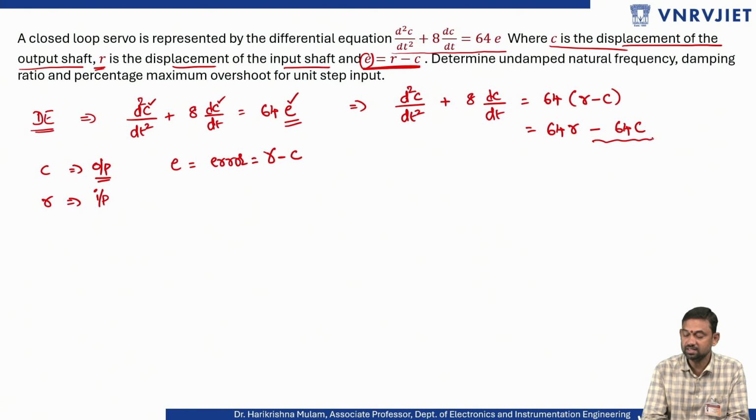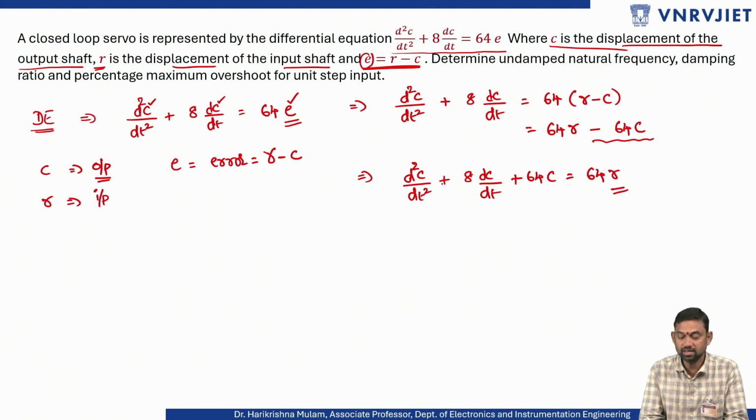And you can send this minus 64C to the left hand side so that it becomes d square C by dt square plus 8 dc by dt plus 64C is equal to 64R.